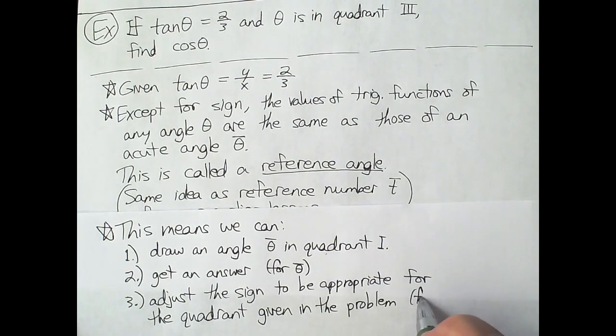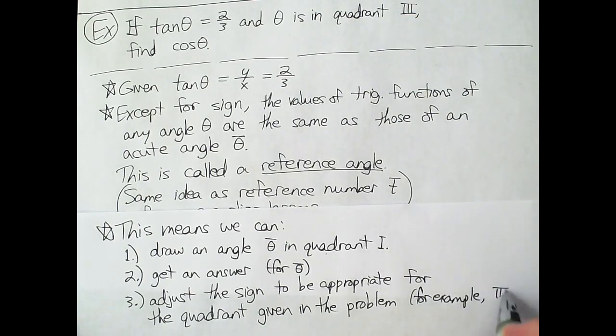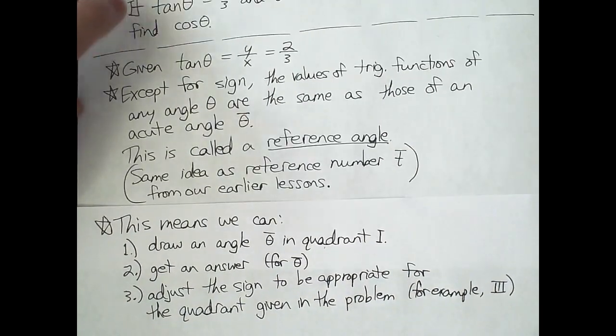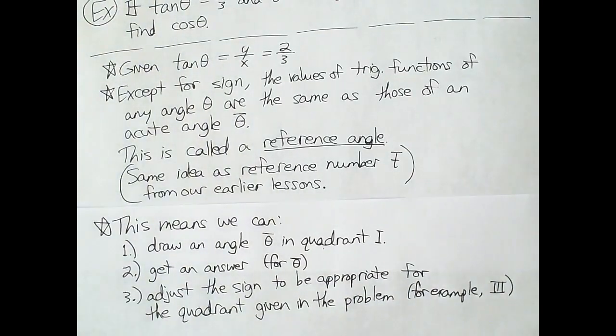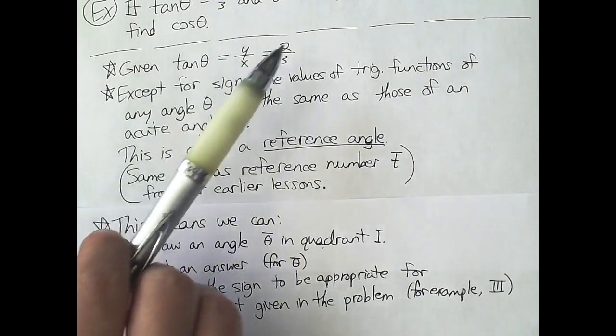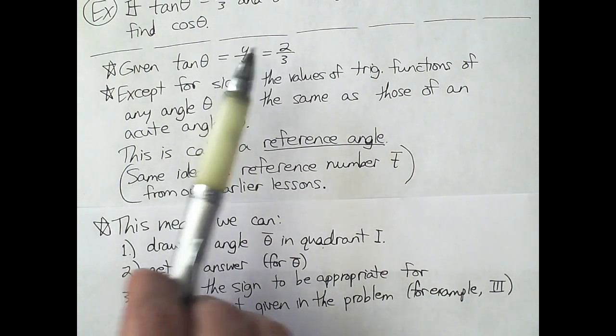For example, 3. This problem above says quadrant 3. We're still going to work on this problem. I just had a lot to say about it in between. So let's work on solving this. Now, I said a moment ago that just because y over x equals 2 over 3, it doesn't mean that y has to equal 2.